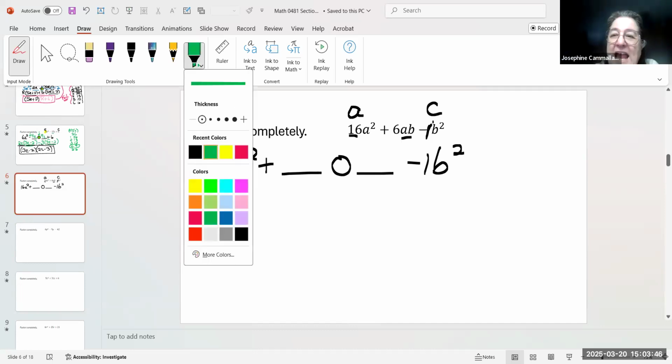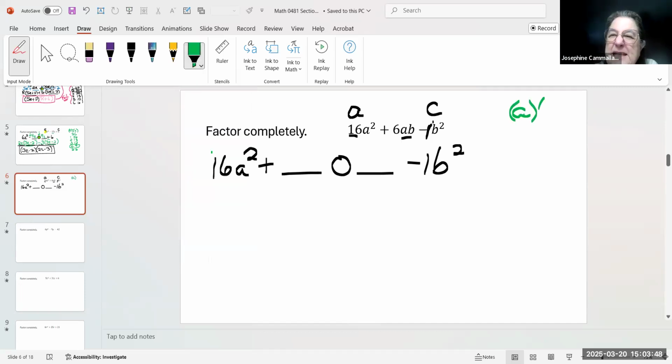Now I'm taking A times C, which is going to give me 16. Okay, but what goes in this blank? Better be negative, because a positive times a negative is giving me a negative sign. That's how I find that middle sign. Well, the factors of 16 are 1 and 16, 2 and 8, 4 and 4.